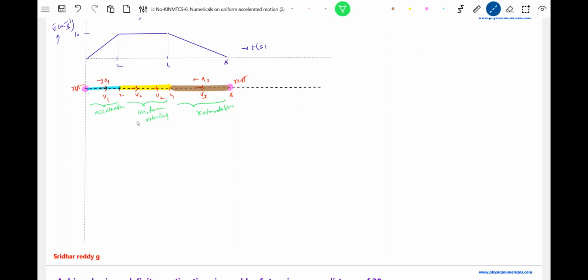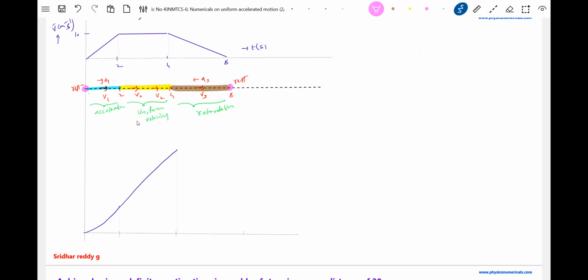Okay, what about the position versus time graph? I think that is also very important, which we should plot. How will the position versus time graph be? This is 2, this is 4, this is 8. First, what will happen to the body? It will accelerate. Then it moves with a constant velocity. I'll try to draw the graph to scale.